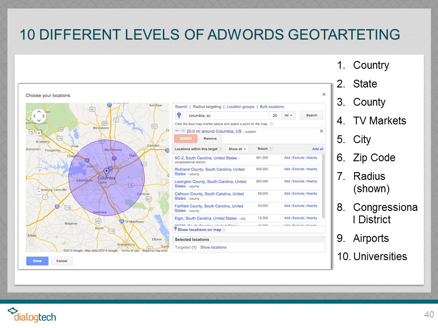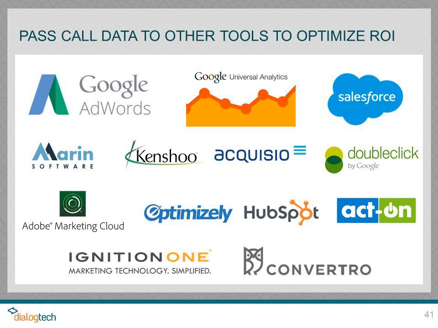So I touched on this before, but I wanted to provide a few more examples of the types of tools that DialogTech integrates with out of the box. We have built-in integrations for all of these tools, from CRM solutions to bid management solutions like Marin, Kenshoo, Acquisio, DoubleClick, and Ignition One, and then of course the marketing automation tools, and I mentioned Optimizely before. But think about all the tools you use to track and optimize paid search.